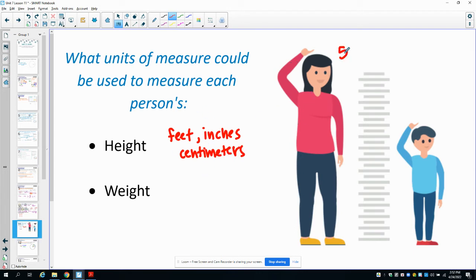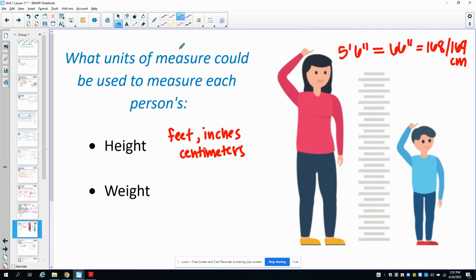If this person was 5 feet 6 inches tall, we could also say that was the same as 66 inches. And then you could convert that into centimeters as well, which would be about 168 or 169 centimeters. But all of those measurements represent the exact same height, just a different way of saying it.